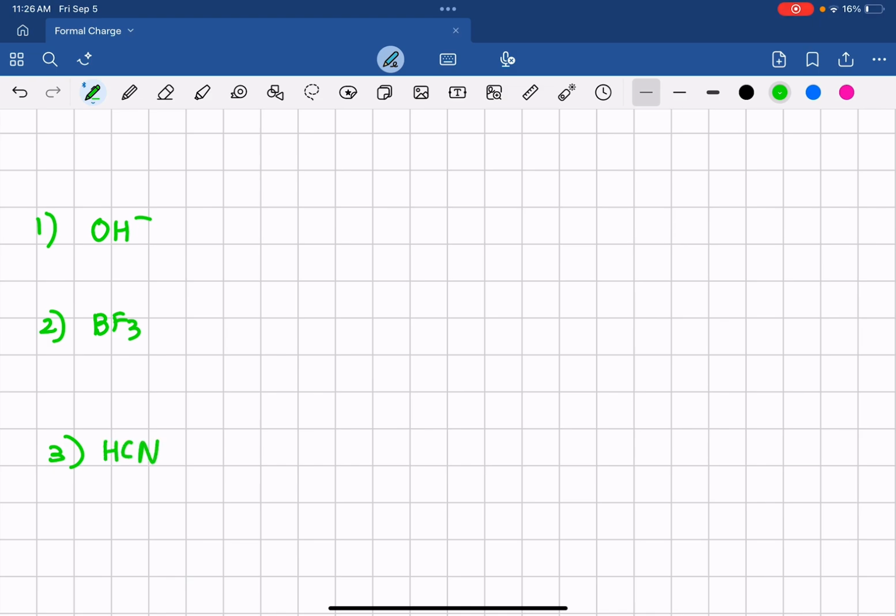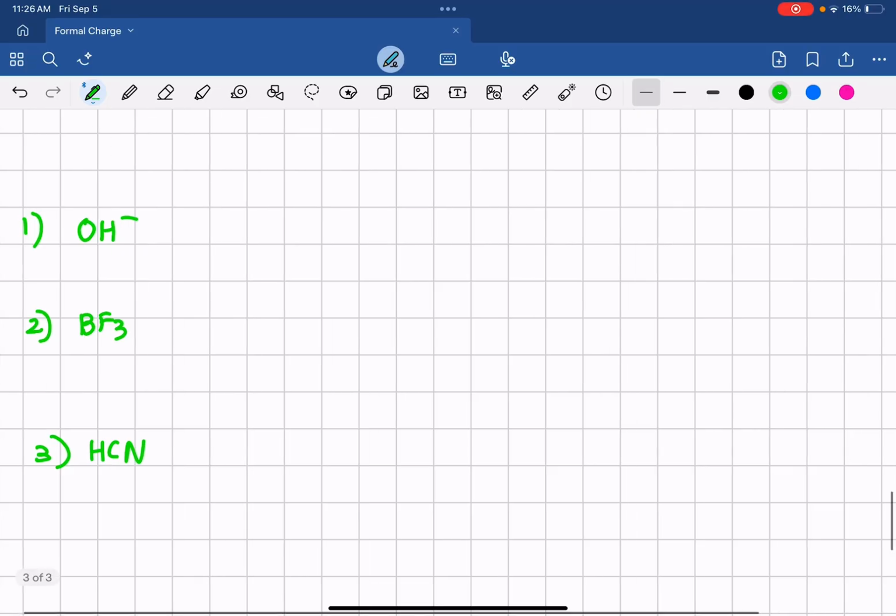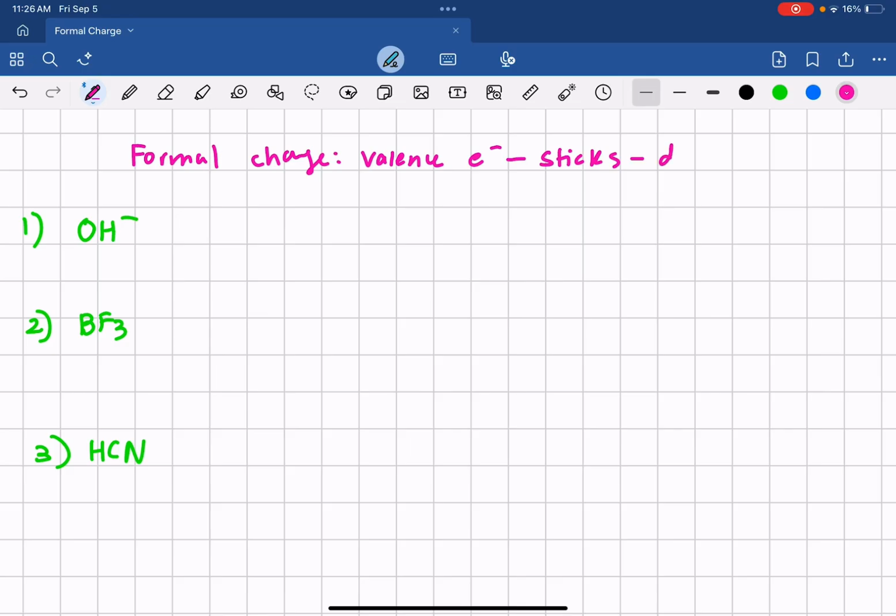Take a moment and solve this. Okay, let's begin. Remembering the formal charge formula, I'll just simply write valence electrons minus sticks minus dots. Let's go ahead and calculate it.